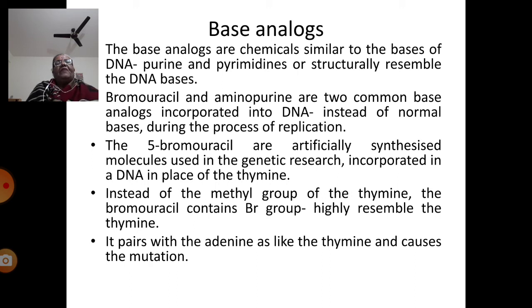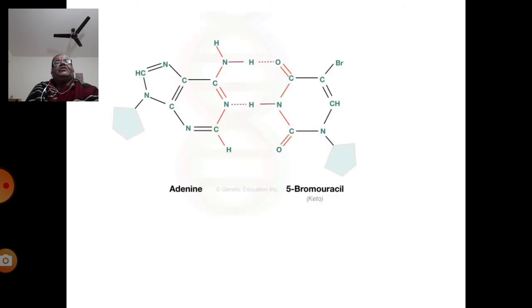They can be incorporated in DNA in the place of thymine to know the effects. Okay. Then, instead of the methyl group of thymine, the bromouracil contains a bromine group, Br group, which highly resembles the thymine. This pairs with adenine, like the thymine, and brings about mutation.